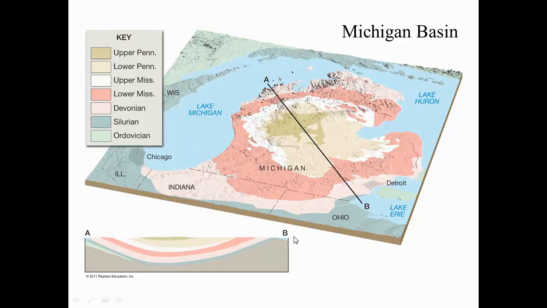left to right. The different colors of the formations in turn represent different ages, and those colors are explained in the key in the upper left-hand corner. And the terms Pennsylvanian, Mississippian, Devonian, Silurian, Ordovician, these are geologic periods in the geologic time scale.